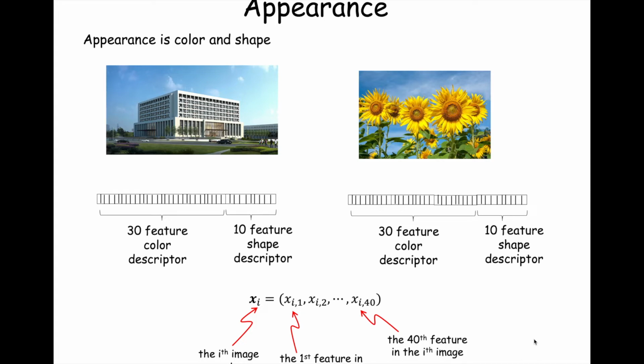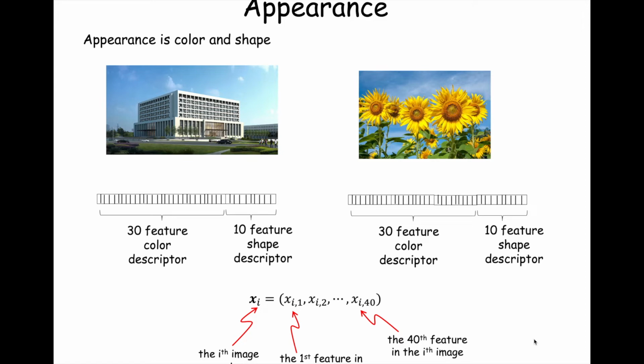The vector is in bold. Sometimes you see this arrow notation over the vector to indicate that it's a vector, but in the literature, they often use bold to connote the fact that it's a vector valued quantity. And so here we see the unbolded version, and that unbolded version is the actual feature value, which would represent one of the 40 bin counts associated with this appearance-based 40 vector.